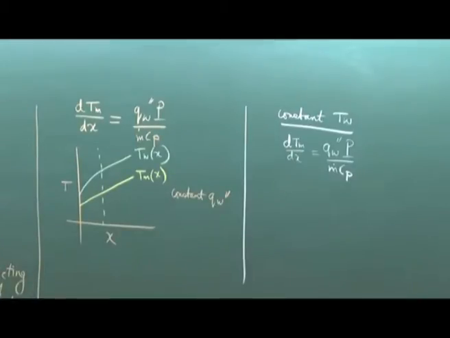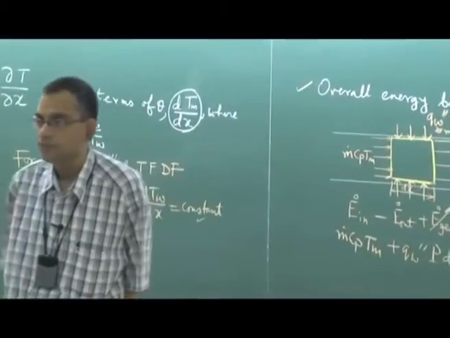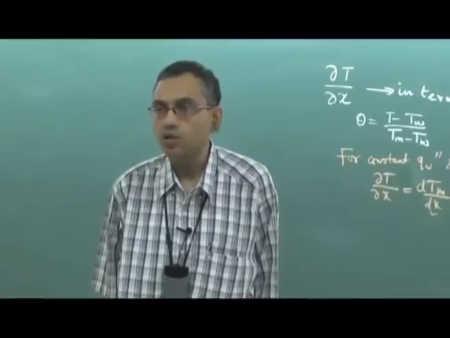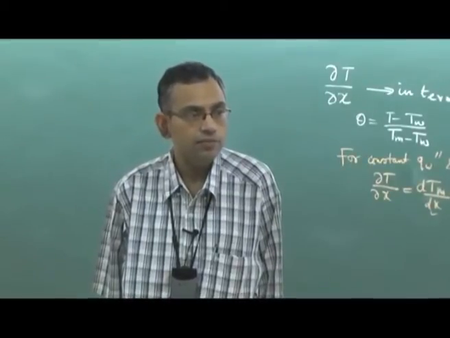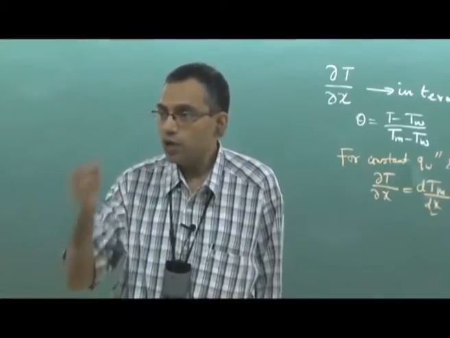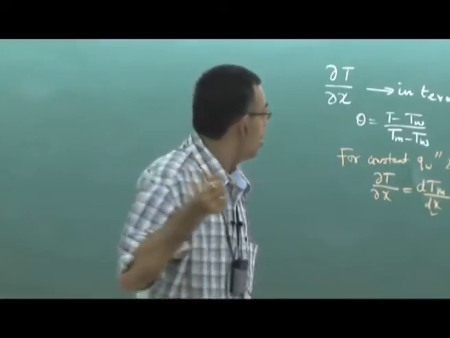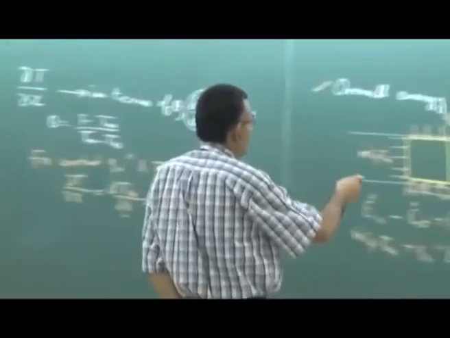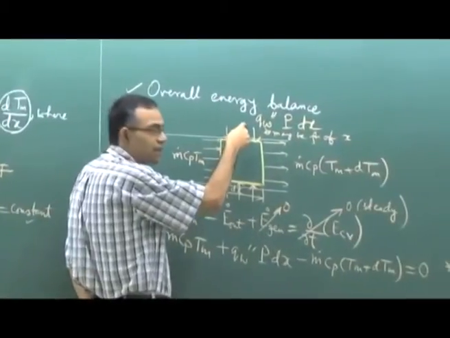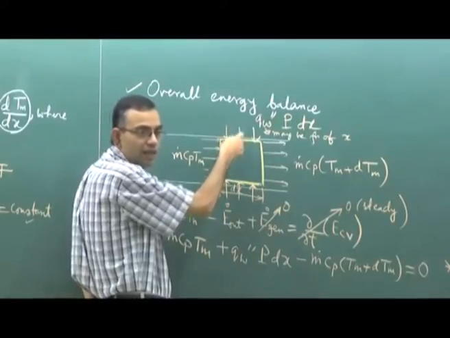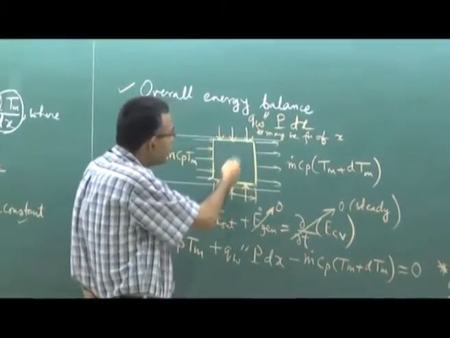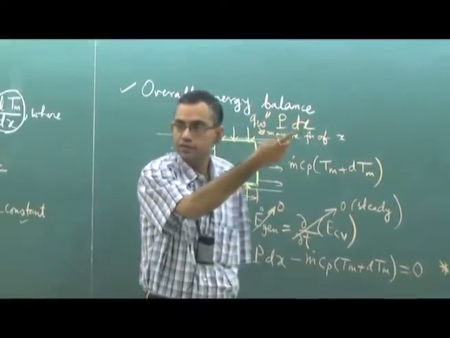How can you write q double prime in terms of the heat transfer coefficient h? q double prime equal to what? h into Tm minus Tw or Tw minus Tm. So when you are considering q double prime, look at this figure. Here the sign convention is the heat transfer is from the wall to the fluid, that means T wall minus Tm, right. If it is the opposite, the sign itself will take care.